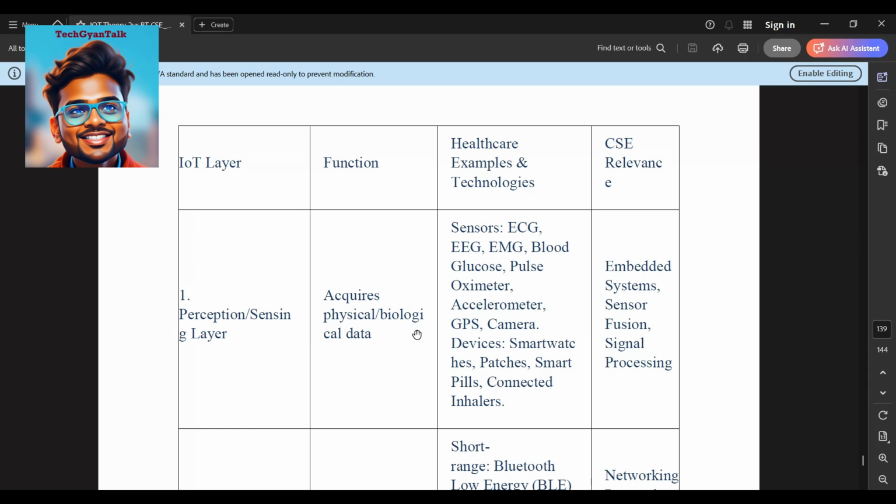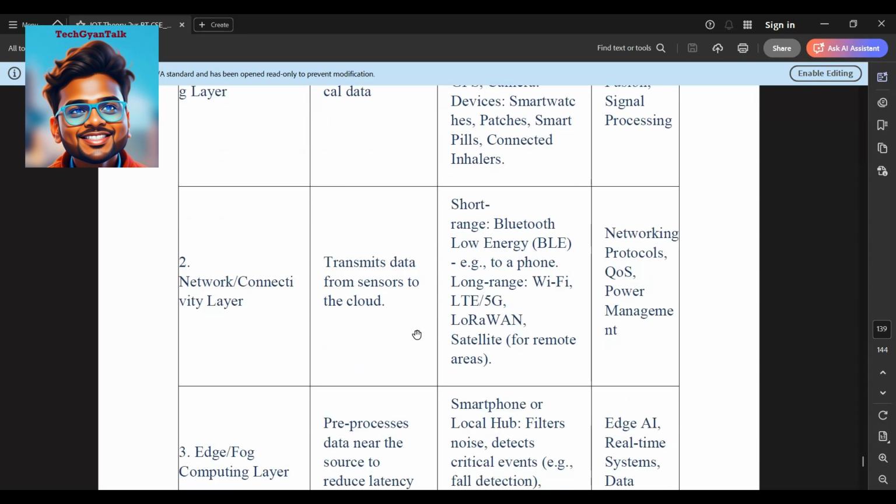Healthcare examples and technologies include sensors: ECG, EMG, EEG, blood glucose, pulse oximeter, accelerometer, GPS, cameras, and devices like smartwatches, patches, smart pills, and connected inhalers. The relevance to our stream is embedded systems and sensors, sensor fusion and signal processing.